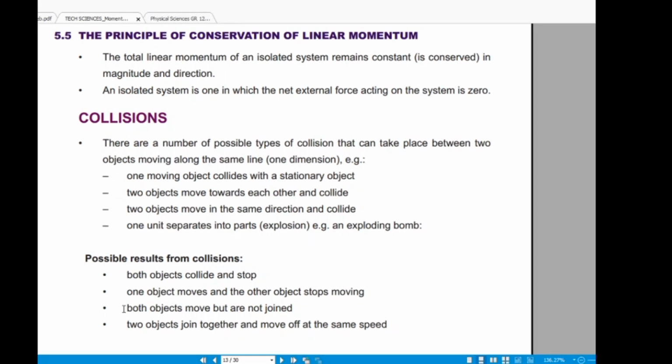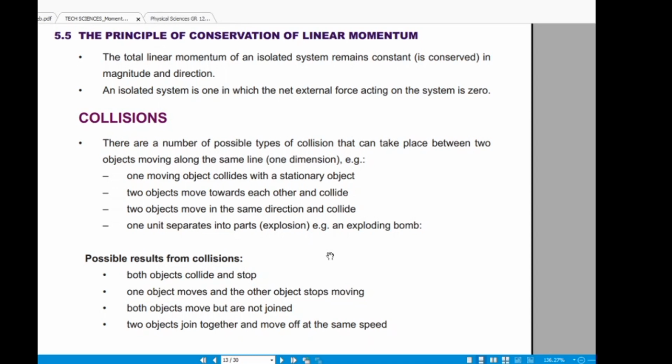So an example common from exam questions is when maybe you have a block and a bullet, right? The bullet is moving towards the block, and then after they collide, they move together at the same speed. So after bullet lidubula iblock, ibullet lingena ngaphakathi kweblock and they move together at the same speed.